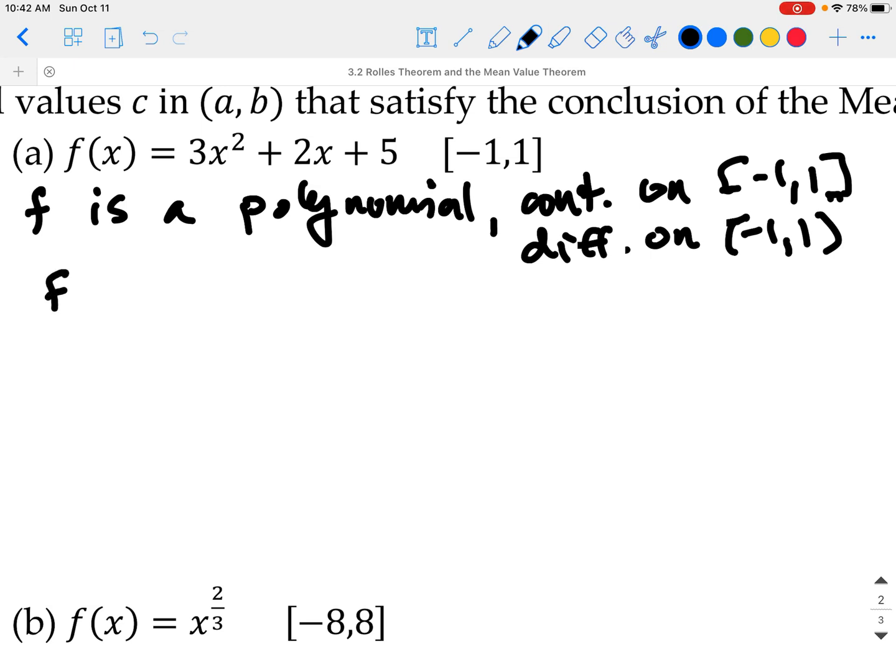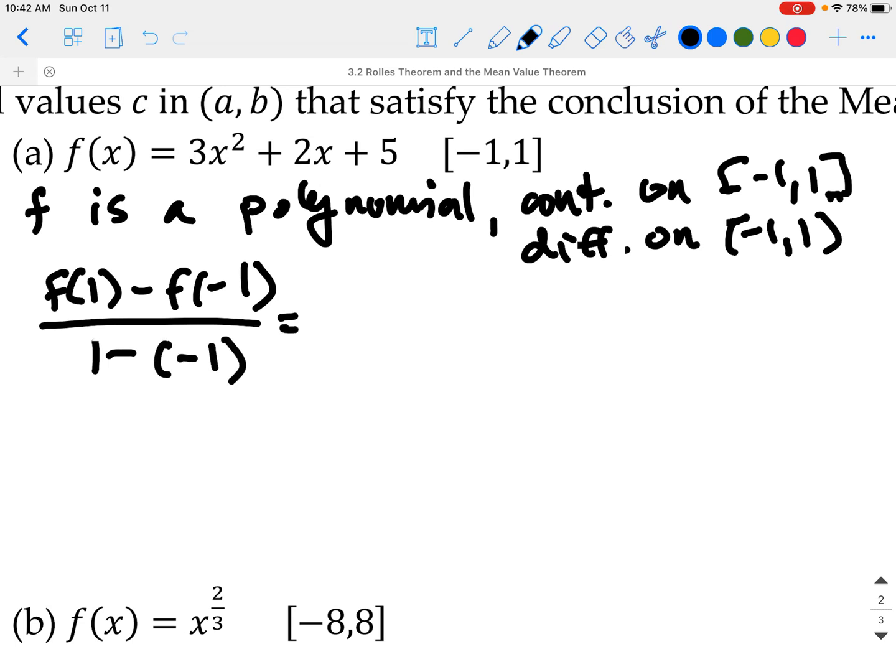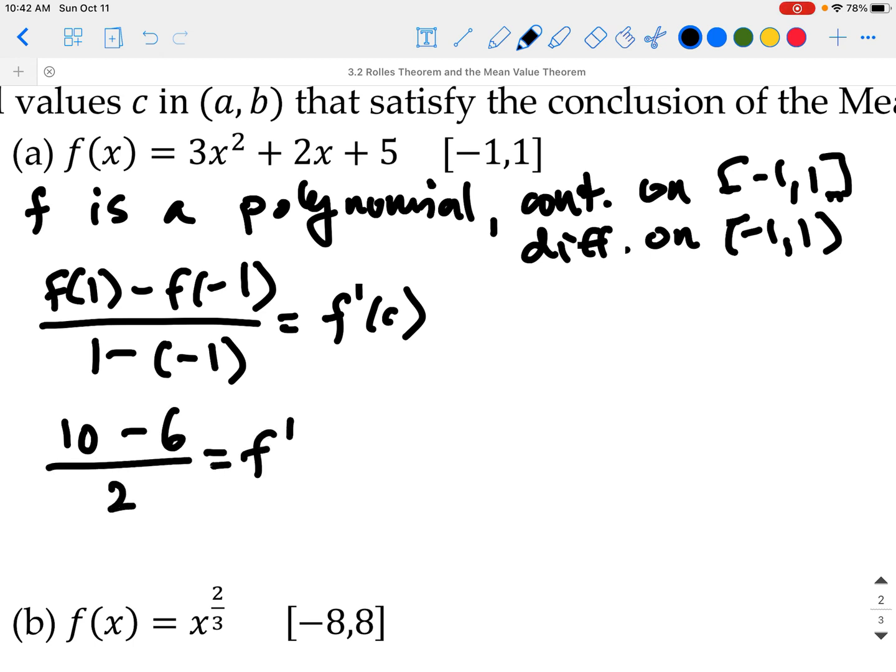So let's note what f of b minus f of a is going to be. So f of 1 minus f of -1 all over 1 minus -1 is going to equal our f prime of c value. So f of 1 is going to be 10 minus f of -1 is going to be 8 minus 2, which is 6, and then 1 minus -1 is 2.